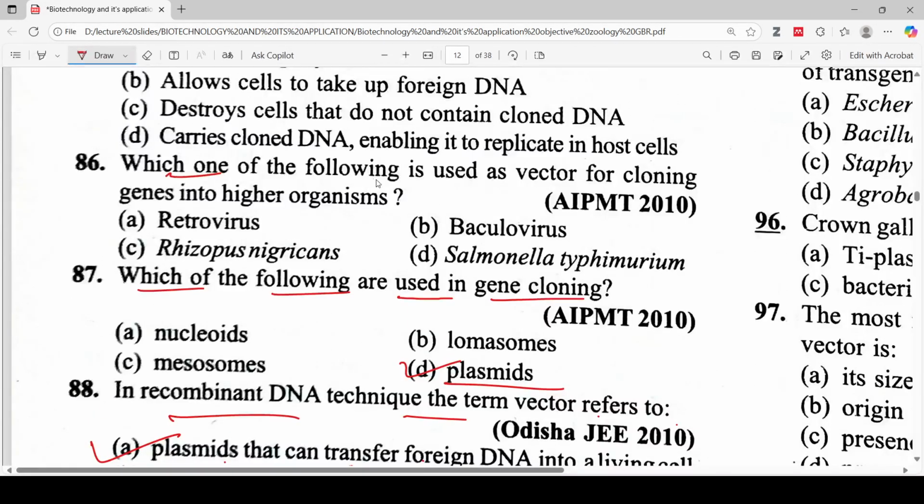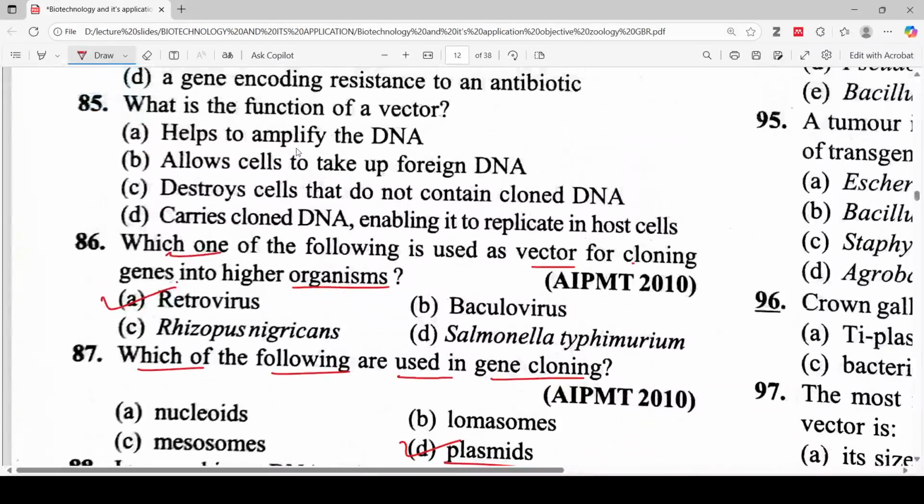Which one of the following is used as a vector for cloning genes into higher organisms? The correct answer is option A, retrovirus.